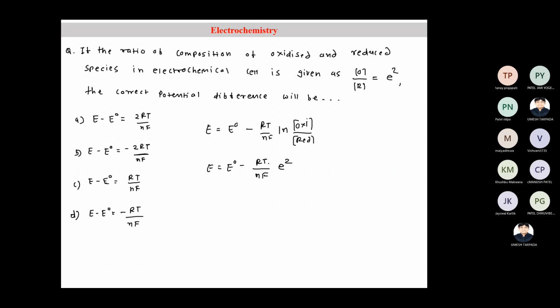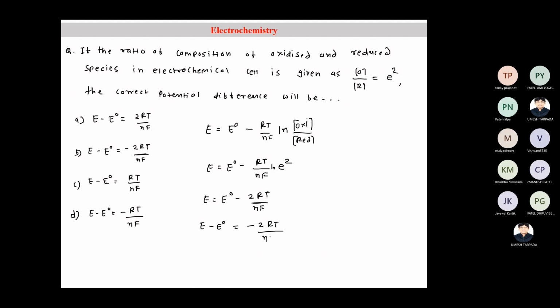The power comes in front. Since e to the 2 is inside ln, ln and exponential are opposite, so they get removed and 2 comes in front. So it becomes E minus E standard is equal to minus 2RT upon nF.